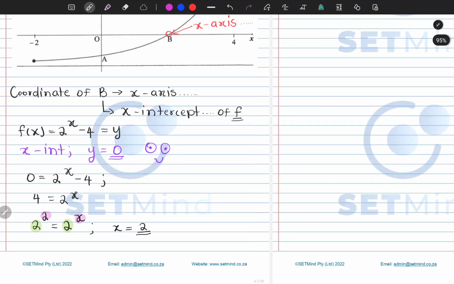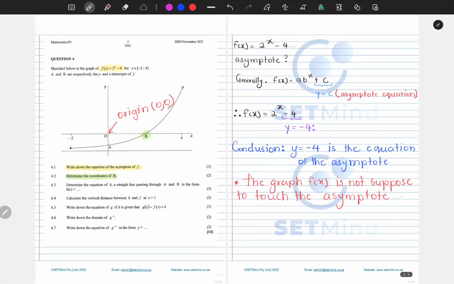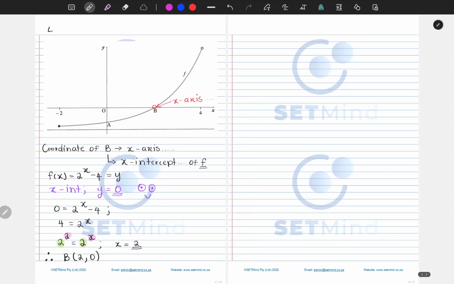But we know that the y value at B will be 0. Therefore, our coordinate for B will simply be 2 and 0. That is our coordinate for B, and that concludes 4.2.